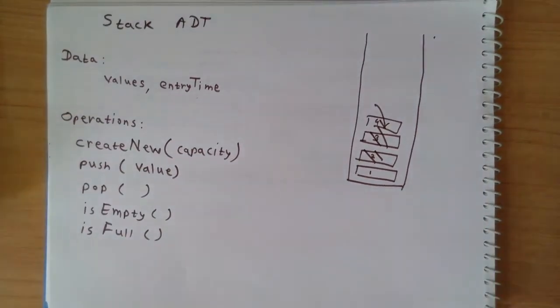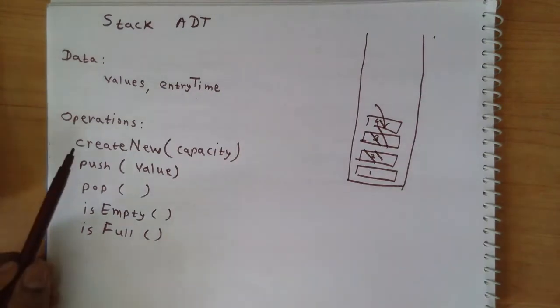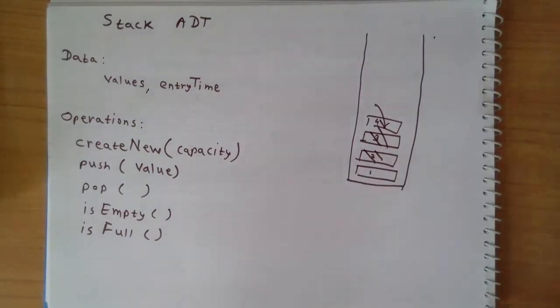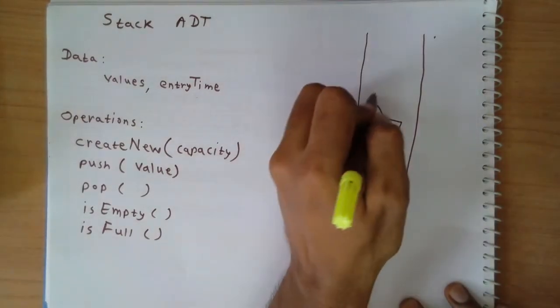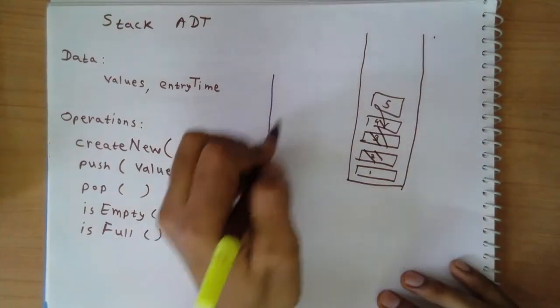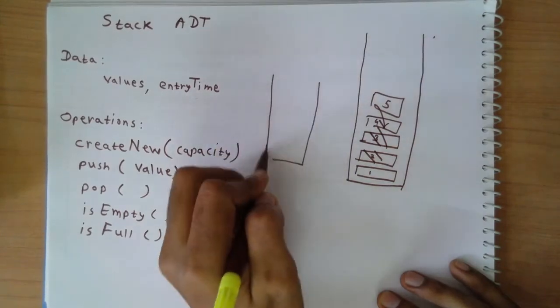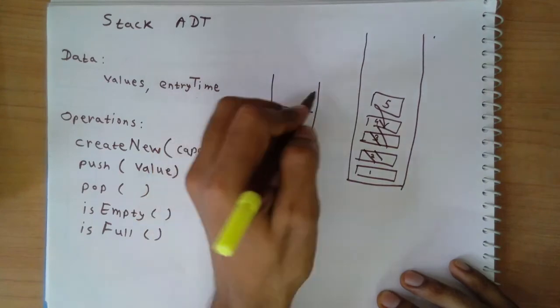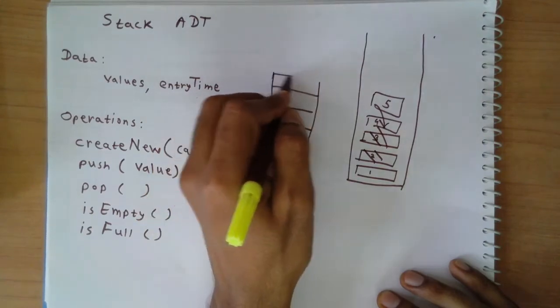When I say that I want to create a new stack, what I want is to create this structure of stack with a certain number of cells. Now this has 4 cells, I might have say 5 cells. So I'm going to create a stack with the capacity for 5 elements: 1, 2, 3, 4 and 5.